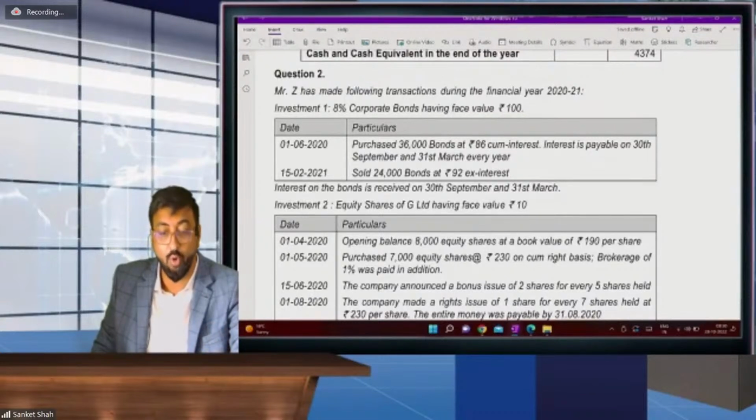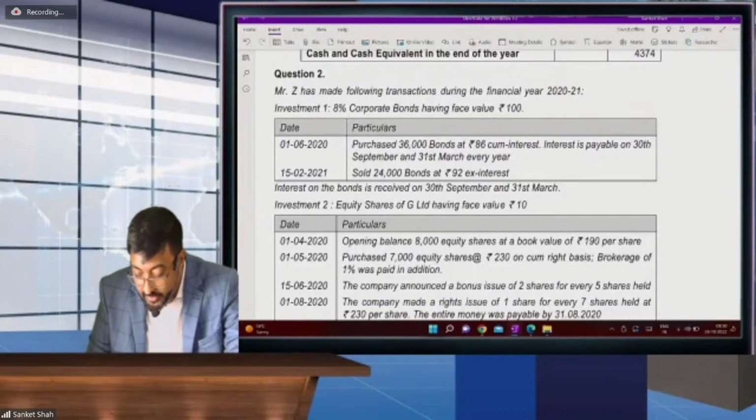Investment in 8% corporate bonds having face value of rupees 100. Purchase 36,000 bonds at 86 cum interest.